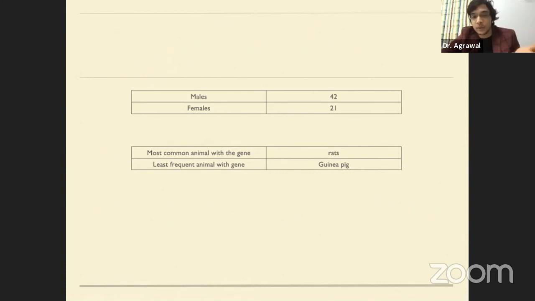But since it's a 2 by 2 table, it really makes no sense. Okay. If I'm doing a genetics study and I'm saying the most common animal with the gene is rats, the least frequent animal with the gene is guinea pig, again, it doesn't deserve a table, right? If you presented this in a written format, it would not be much of an annoyance to the reader, right? And therefore, that's when you don't use these tables. Okay.